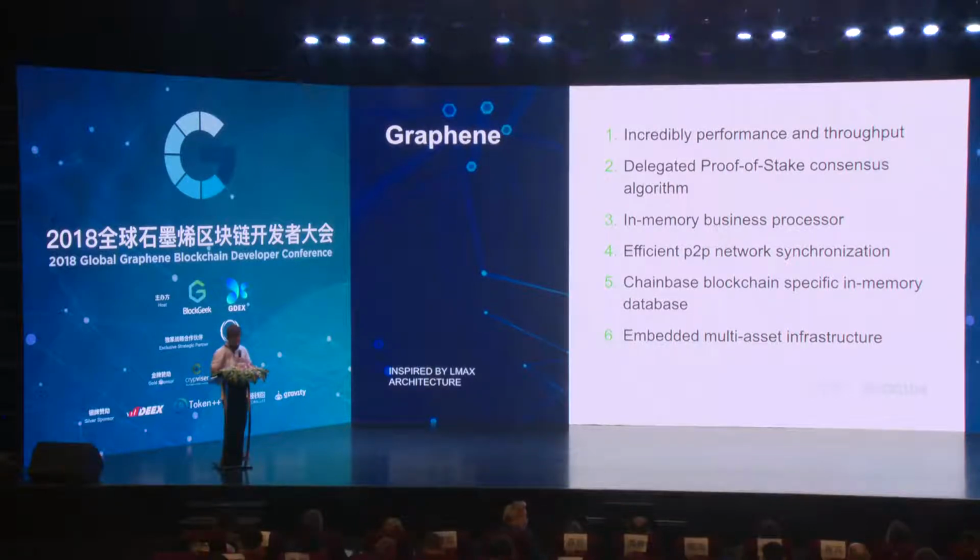Graphene's design is inspired by LMAX, which now states that it can process 6 million transactions per second. LMAX was built with the same principles which Graphene has borrowed. So, as you can see, there is huge space for improvement, tuning and optimization of the Graphene framework.